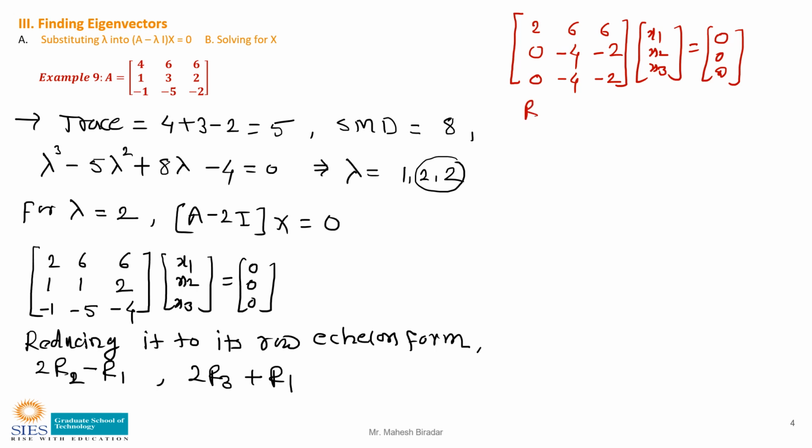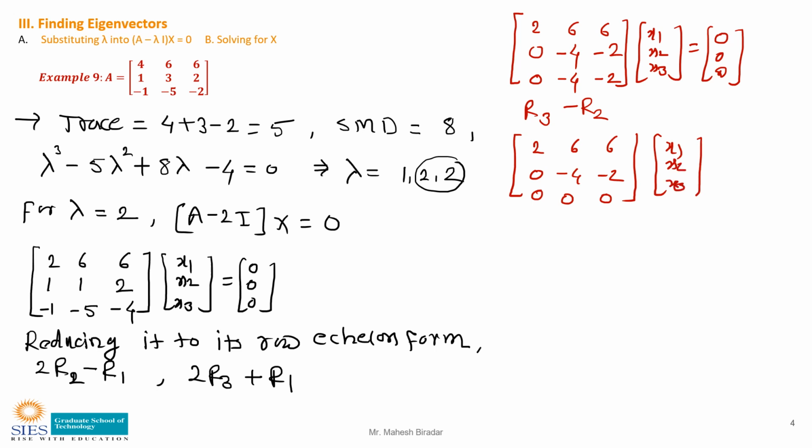Now do one more operation, R3 minus R2, and you will get 2, 6, 6 and 0, minus 4, minus 2 and 0, 0, 0. All of you remember, this is a very interesting step. So here this is the row echelon form.